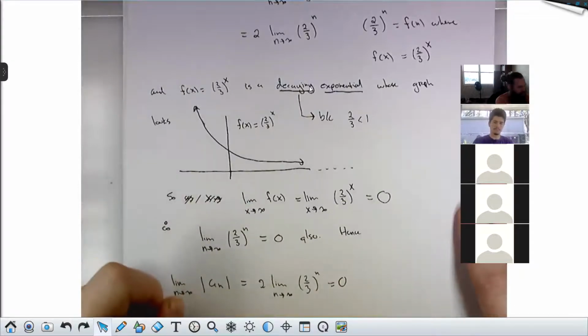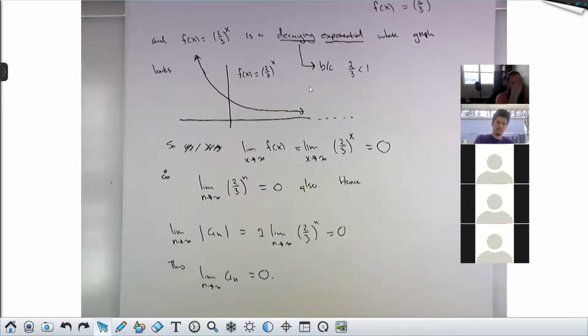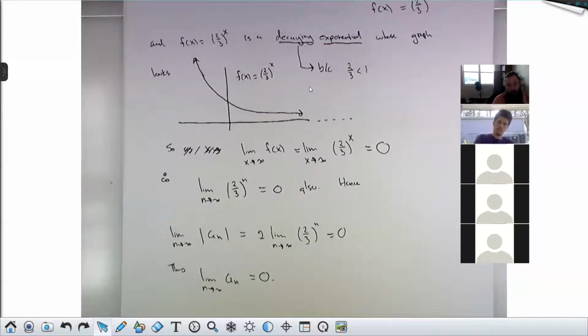Thus, as n goes to infinity, a_n equals 0. So the original sequence that we were playing with here, 2 times negative 2/3 to the n, goes to 0. And the argument that we just went through would have worked for any geometric sequence whose common ratio is between -1 and 1.